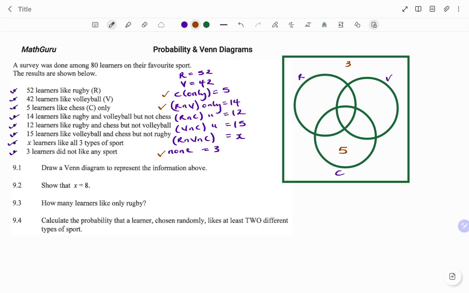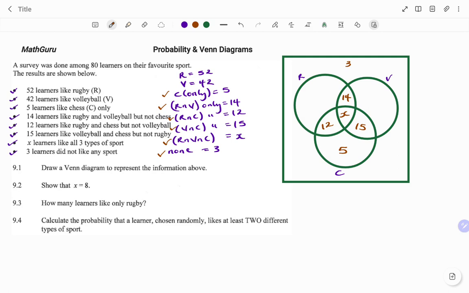That's rugby and volleyball, which will be 14, so I have 14 written here. Then I have R and C, 12. Then I have V and C, 15. And then for the 3 sports, I have that as X.